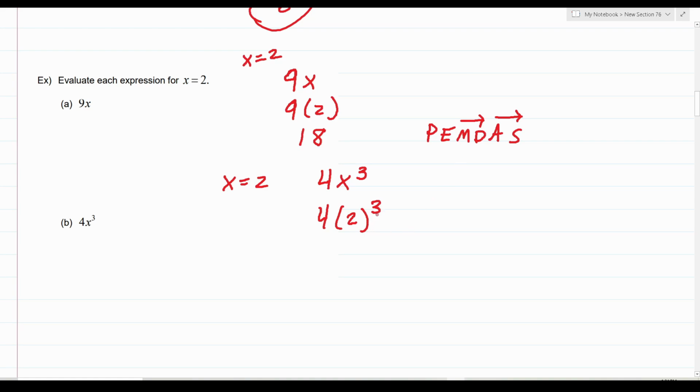In this case, we have an exponent and then multiplication, so we have 2 to the third times 4. According to the order of operations, we deal with that exponent first.